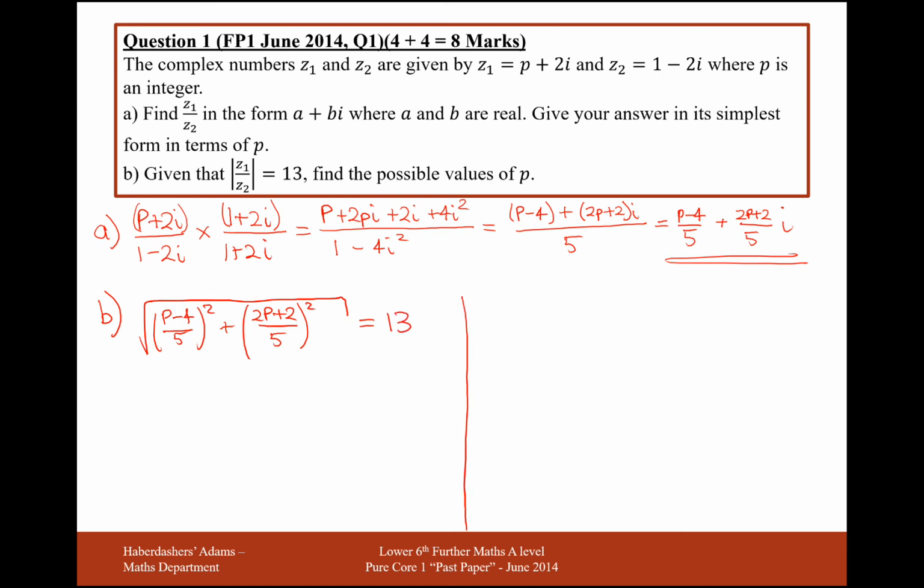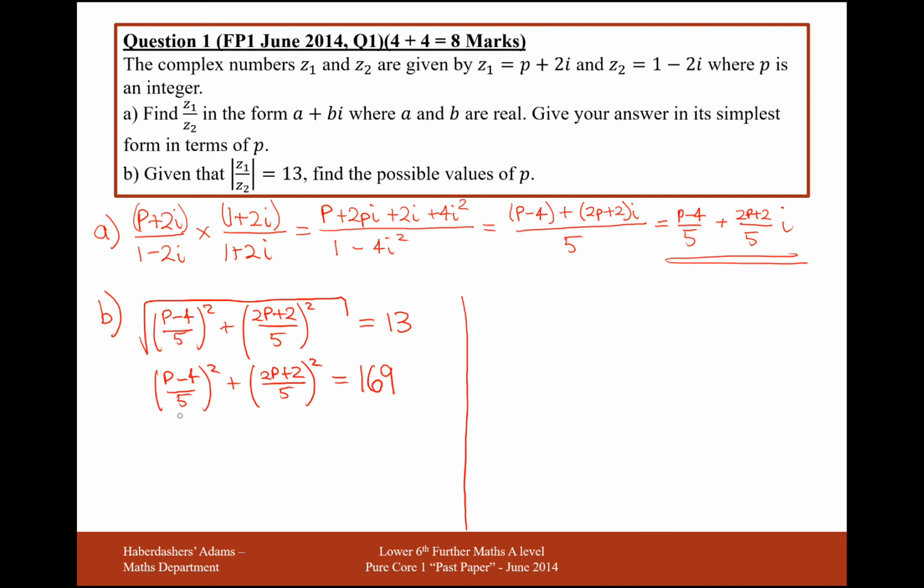So now we need to solve this equation and work out the values of p. So square root first: p minus 4 over 5 squared, add 2p plus 2 over 5 squared equals the square of 13, which is 169.